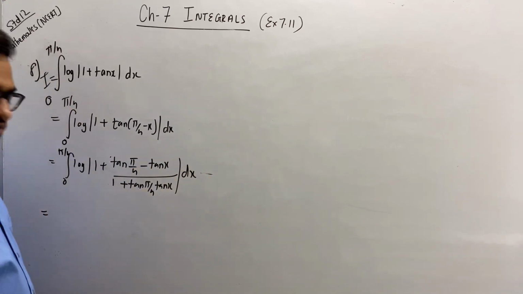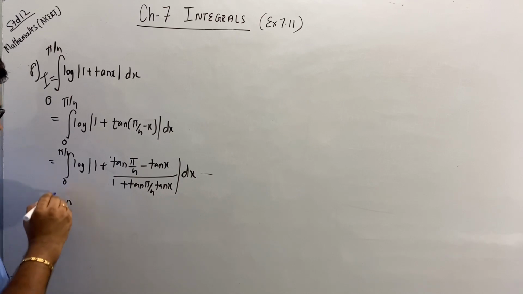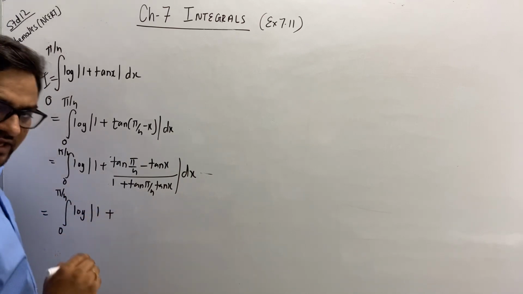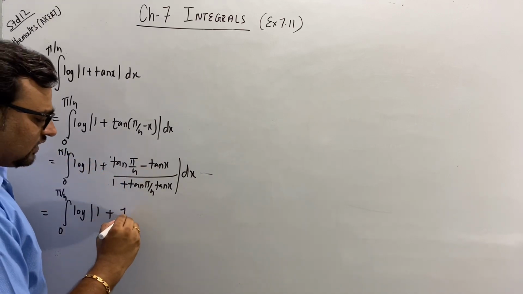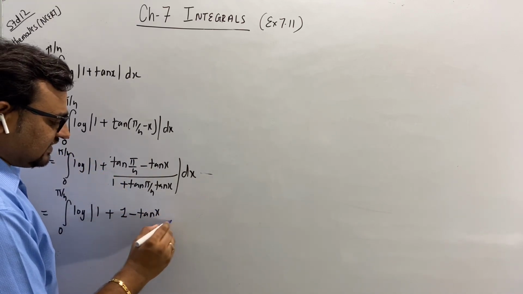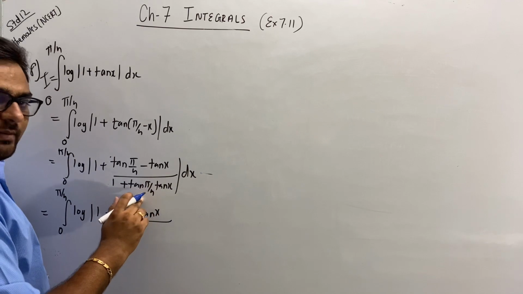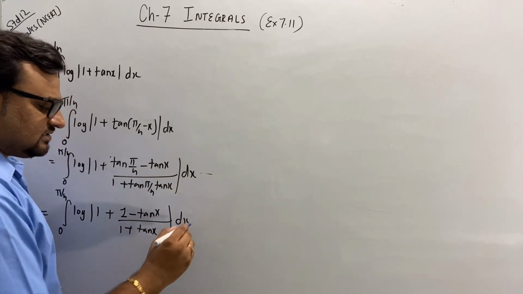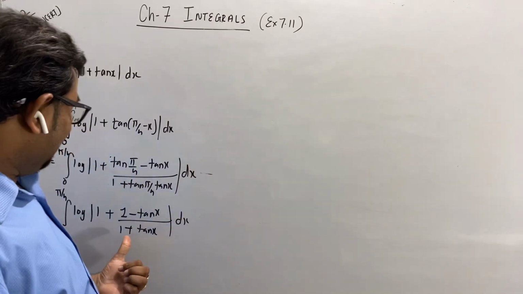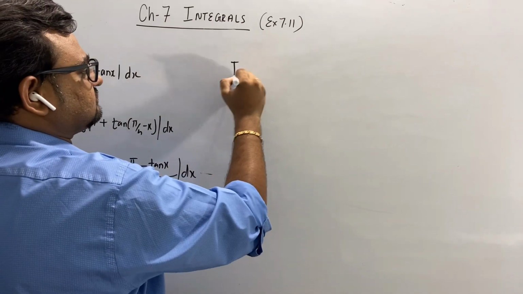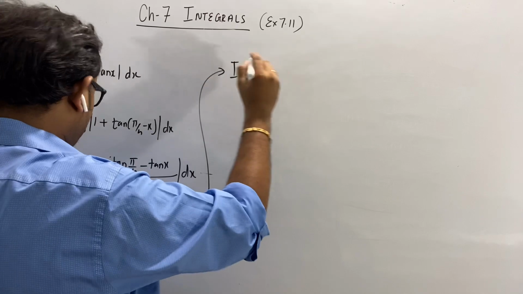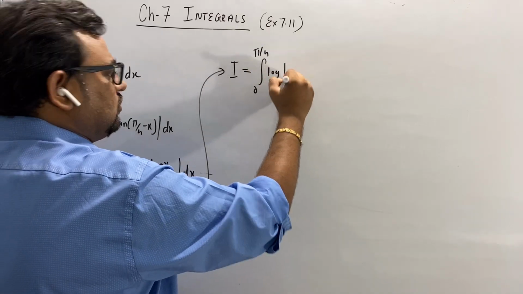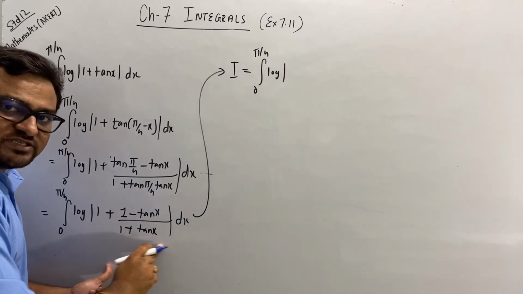Okay, so this will be equal to 0 to pi by 4 log 1 plus (value of tan pi by 4, that is 1, minus tan x) upon (1 plus tan x) dx. Now we take the LCM. 0 to pi by 4 log, LCM is 1 plus tan x.